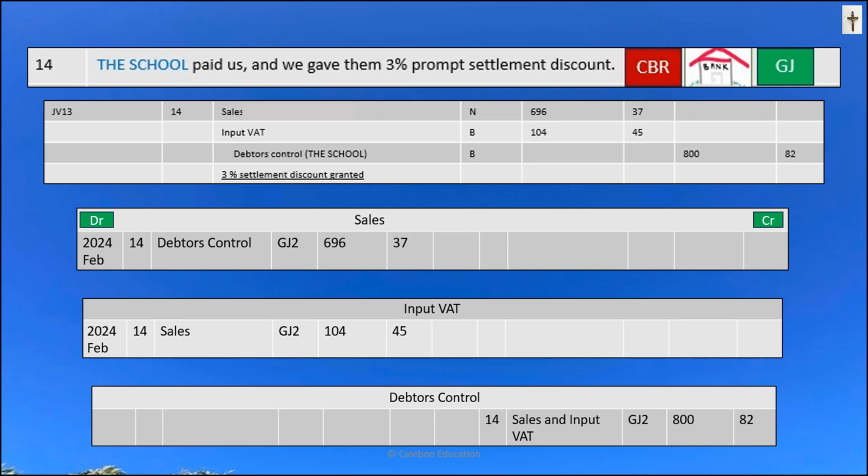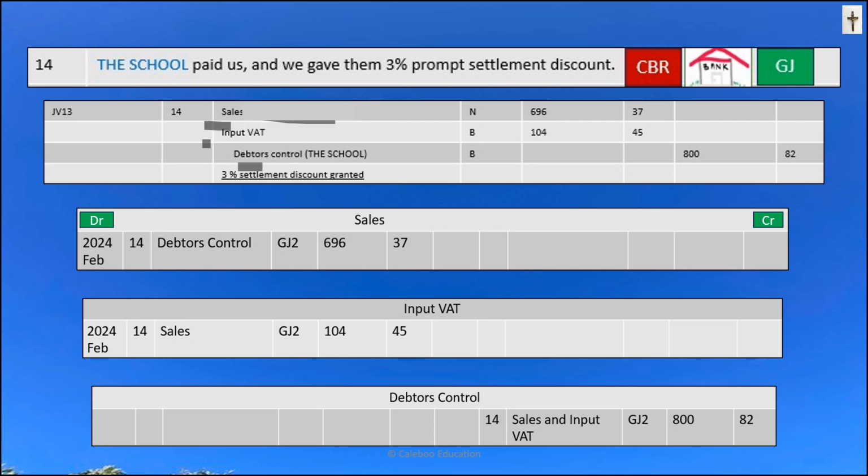So sales was debited. Some textbooks might have an account called discount allowed. Input VAT was debited, and debtors control, they owe us 3% less, credited.